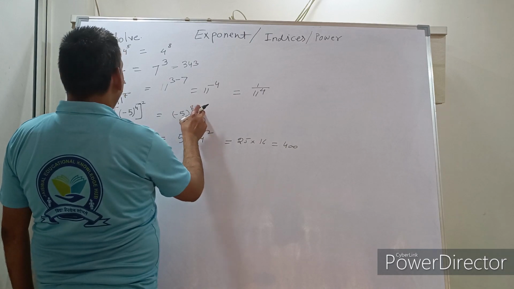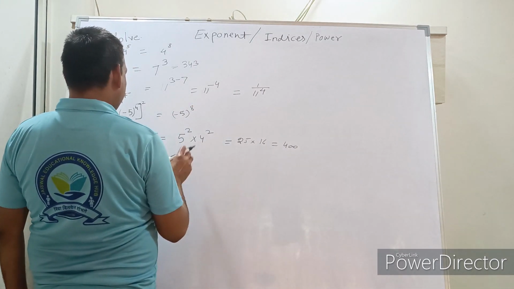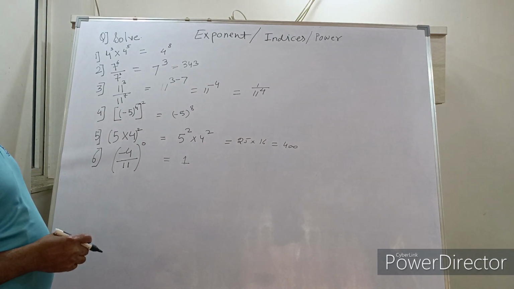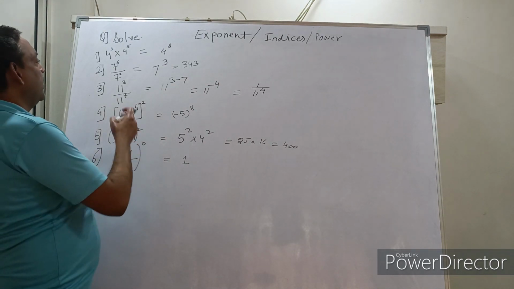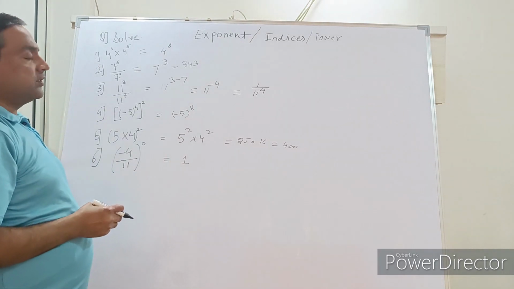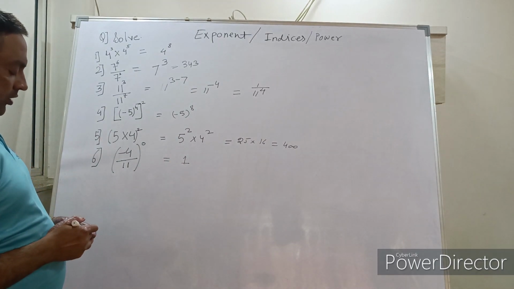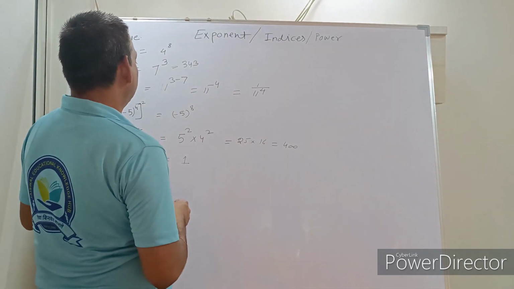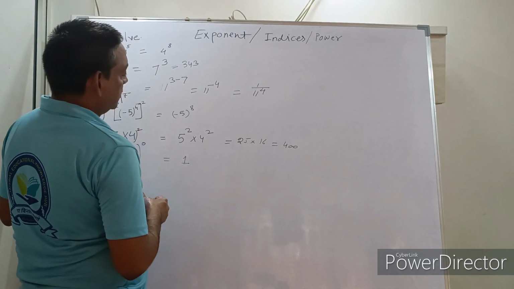Minus 5 raised to 8 is a big number, so you can leave it as it is. So these are the ways to solve. We just have to know the formulas in this, and once you know them you can easily solve, and they ask 1 mark and 2 marks sums based on this.